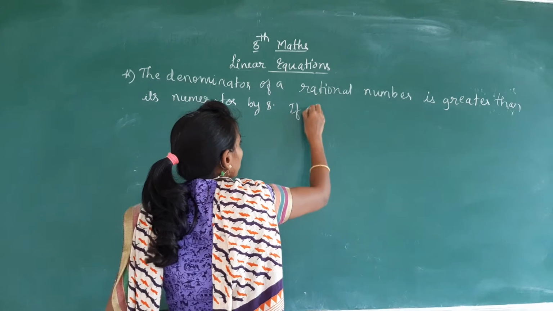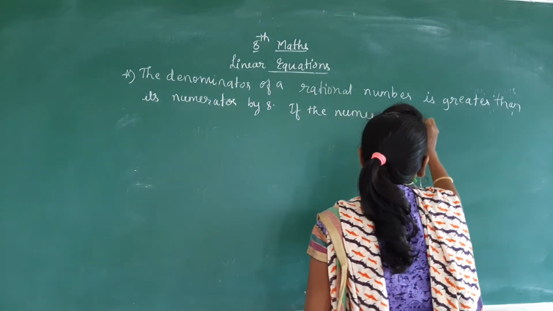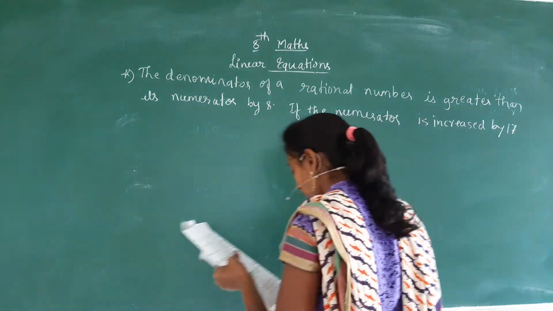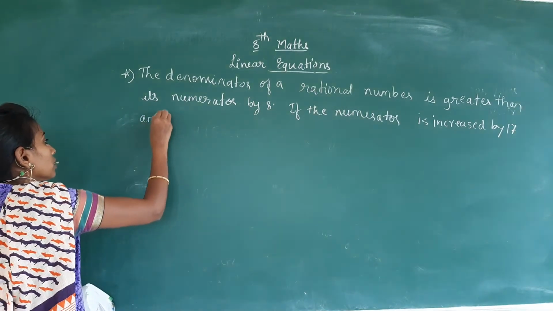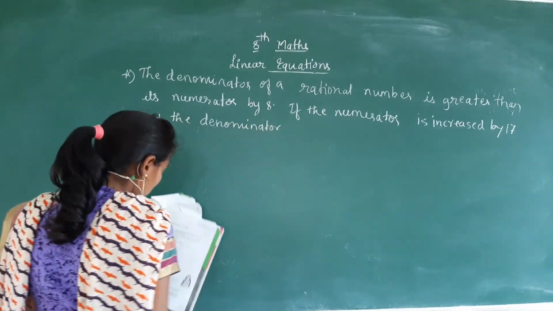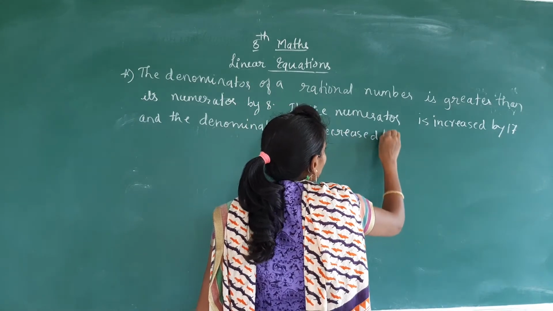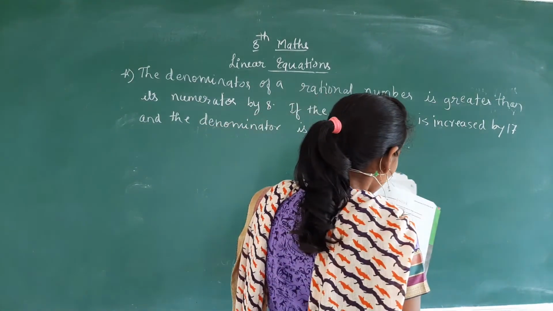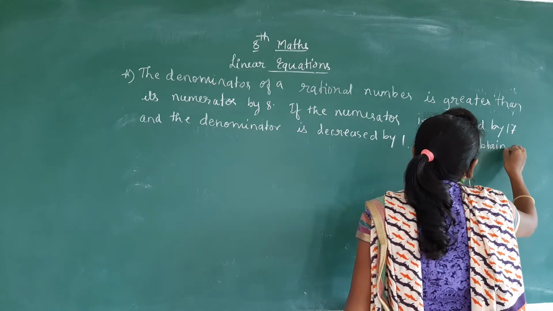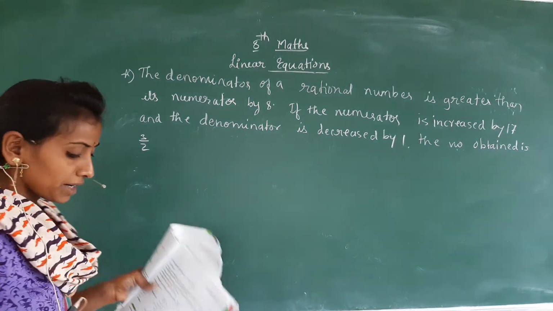If the numerator is increased by 17 and the denominator is decreased by 1, the number obtained is 3 by 2. Find the rational number.